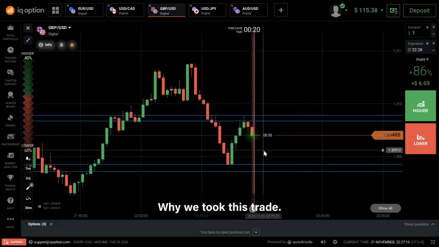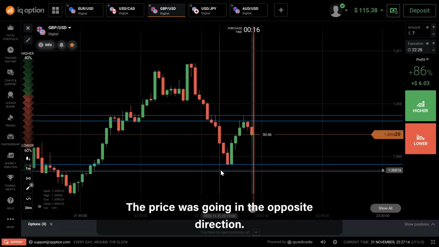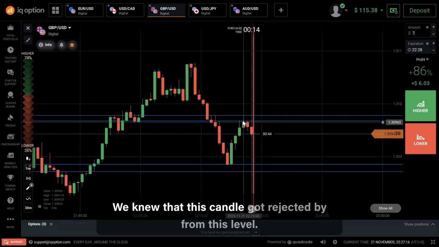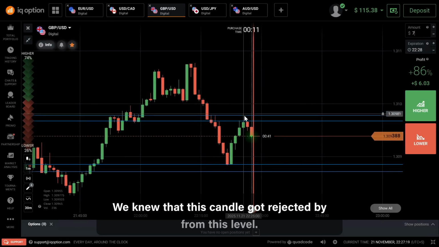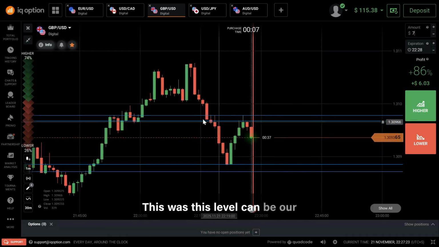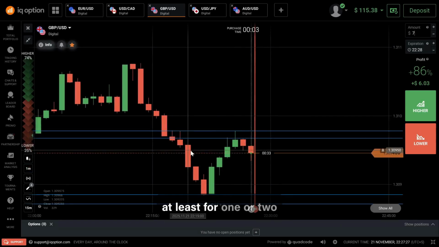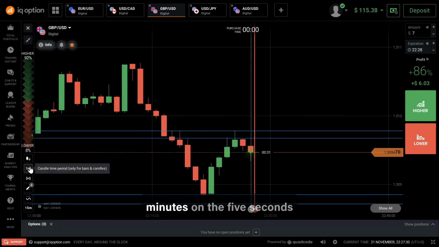Why did we take this trade? The price was going in an upside direction. We knew that. This candle got rejected back from this level. This level can be our resistance zone, at least for 1 or 2 minutes.